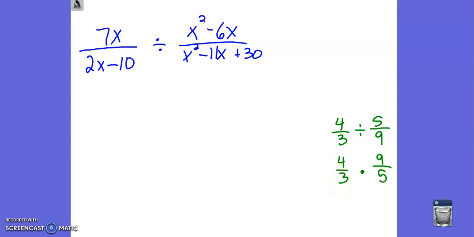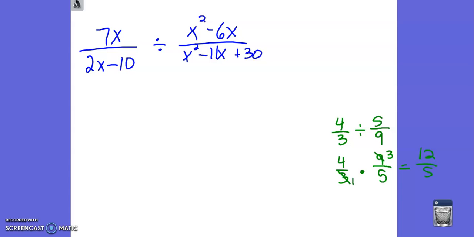So the second fraction gets flipped. And then after that, you can start canceling. Anything on the denominator can reduce with anything on the top when it's multiplication. So 3 goes into 3 one time, 3 goes into 9 3 times. And then after that, you can multiply.